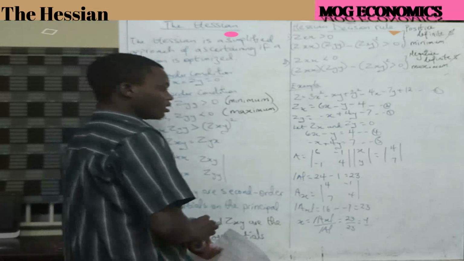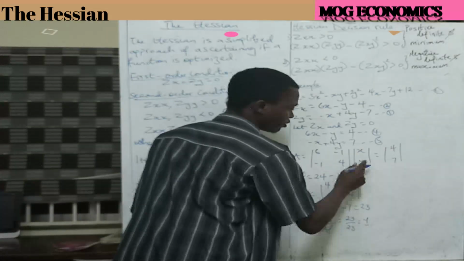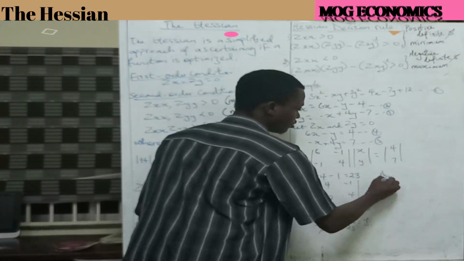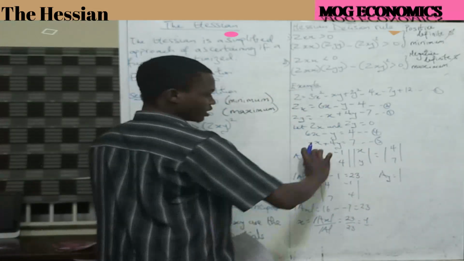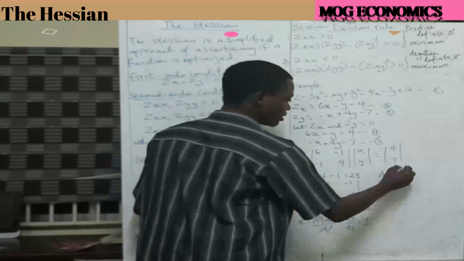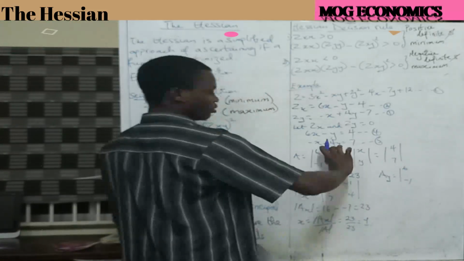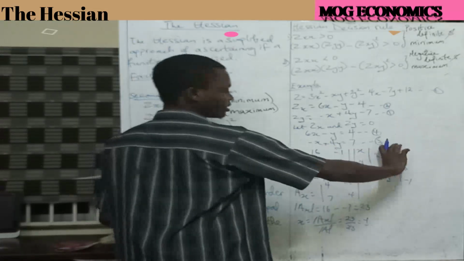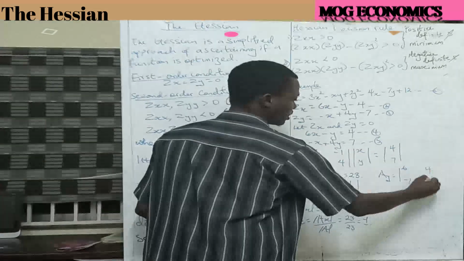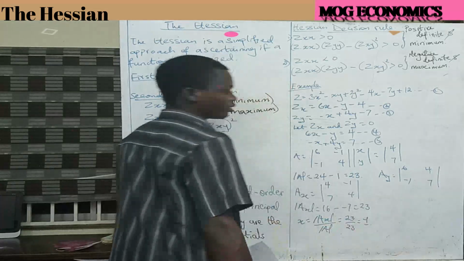The next thing is AY, because we're looking for Y. Now here you have to be very careful. So 6, minus 1 maintains its position here. On this side, we are now going to replace this column with the constants, so we have 4 and then 7.